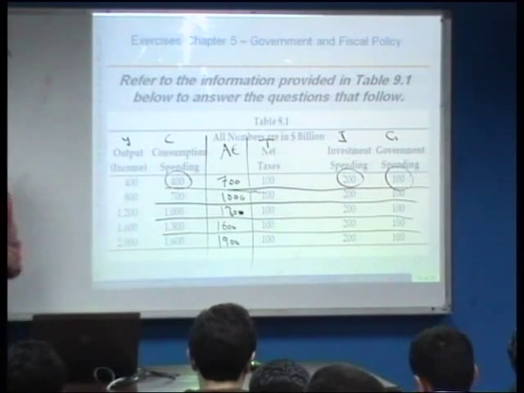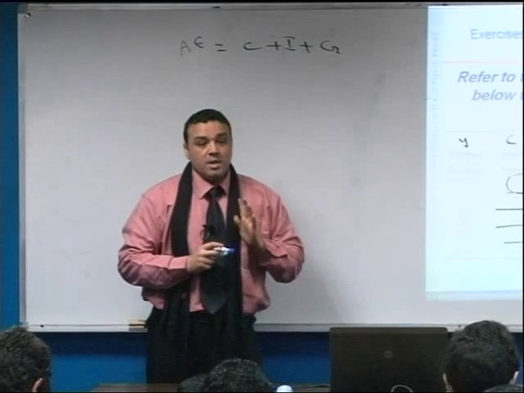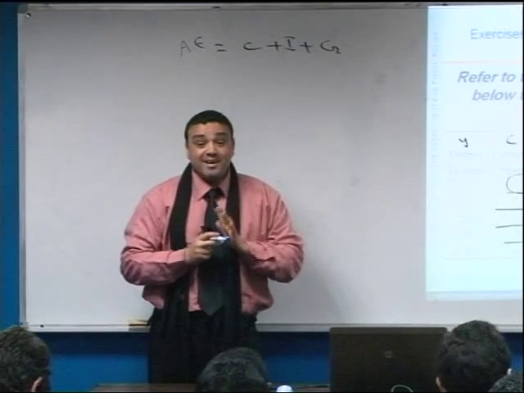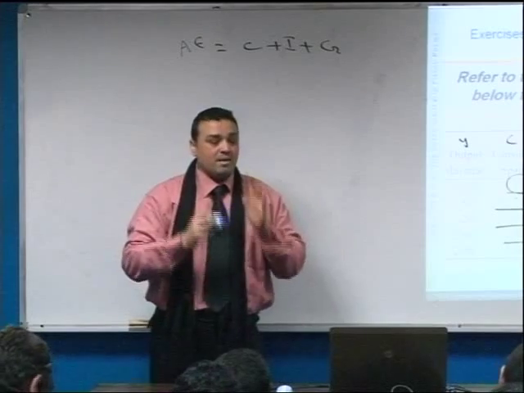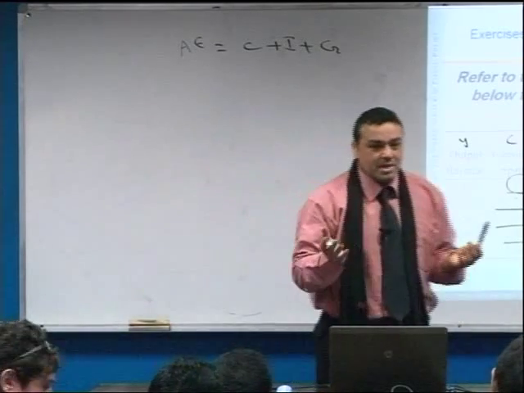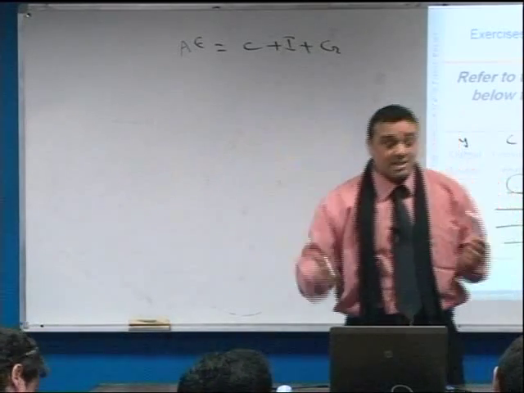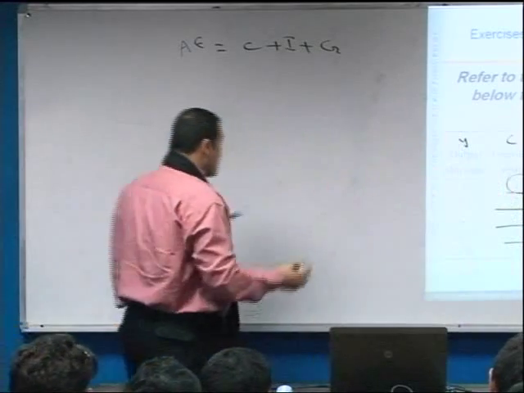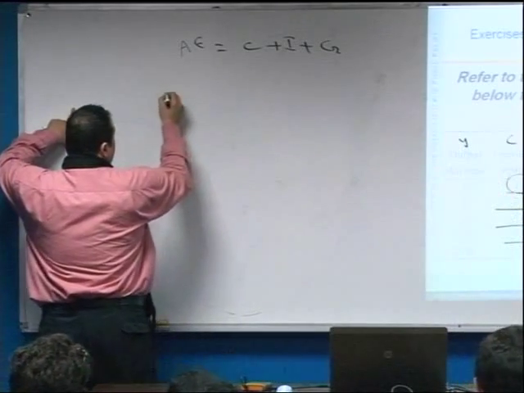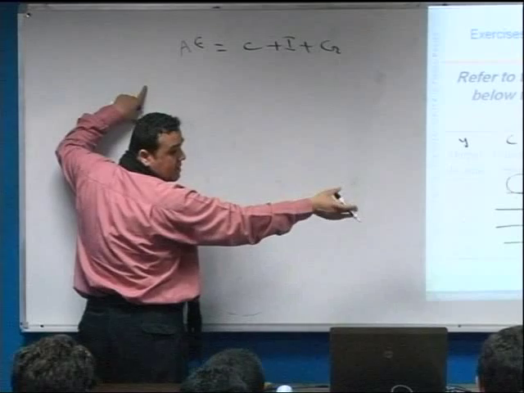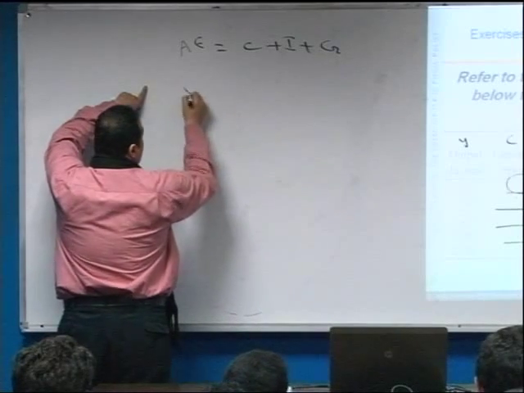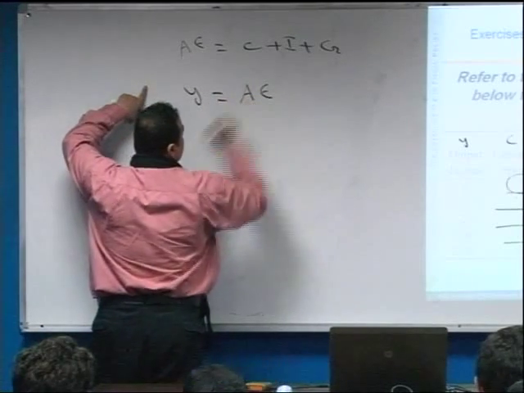Number two, determine the equilibrium income. The equilibrium income occurs when Y equals aggregate expenditure.